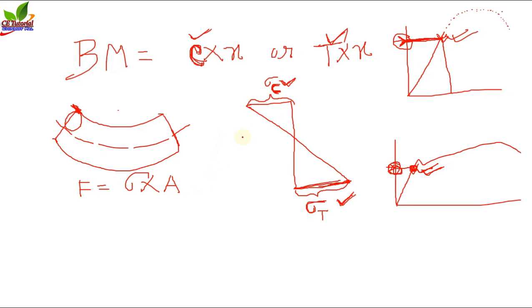If I consider that the area of the concrete in the compression zone is AC, and from the bending stress diagram the maximum stress is sigma c, then this is nothing but C, because C is the force.